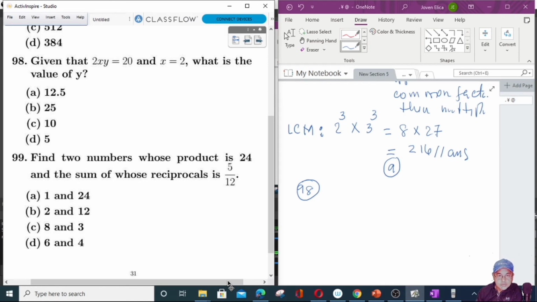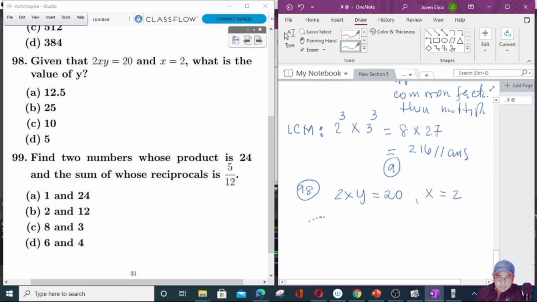Find the two numbers whose product is given that 2xy is equal to 20 and x is equal to 2, what is the value of y?